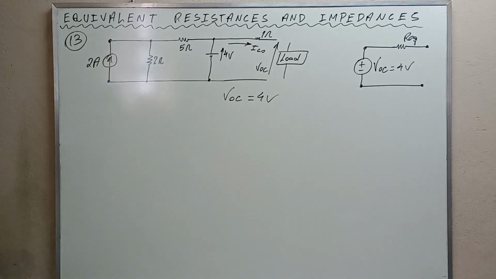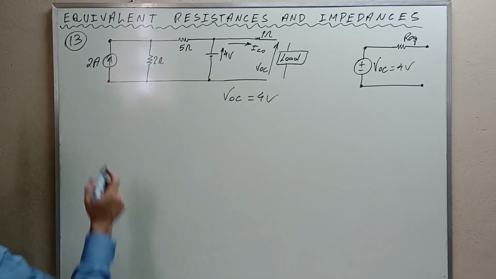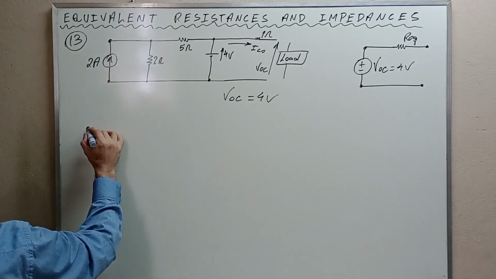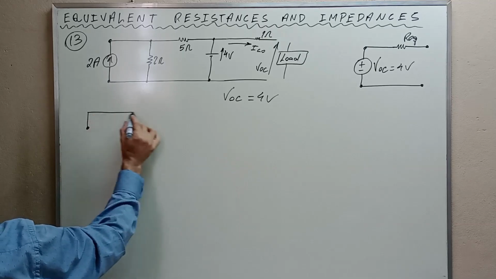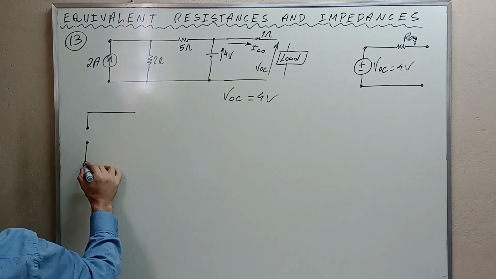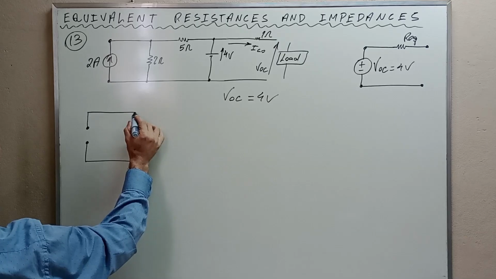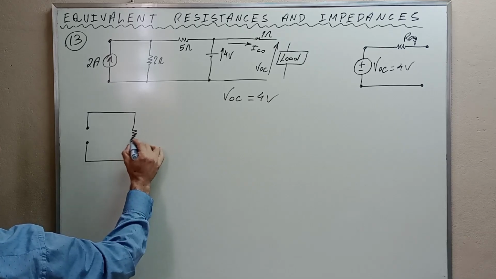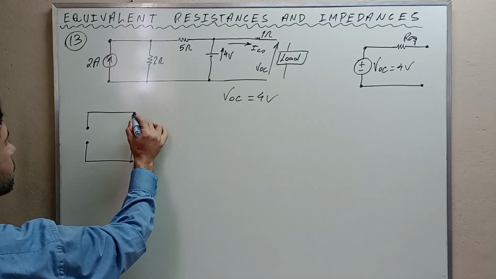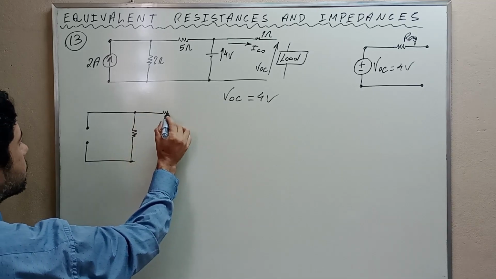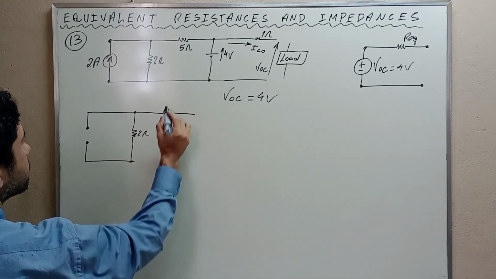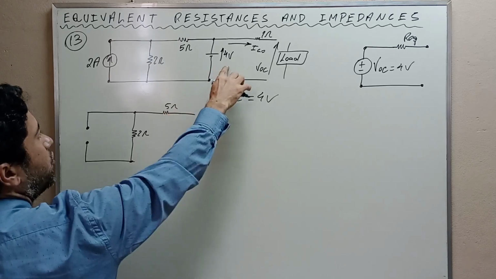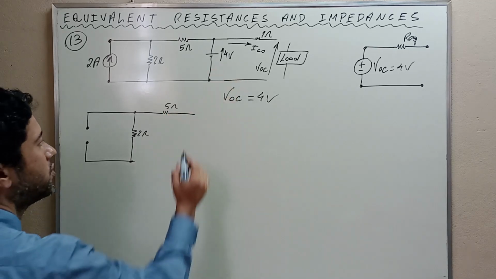In this way, with the sources set to 0, this will become an open circuit, and this becomes a short circuit.